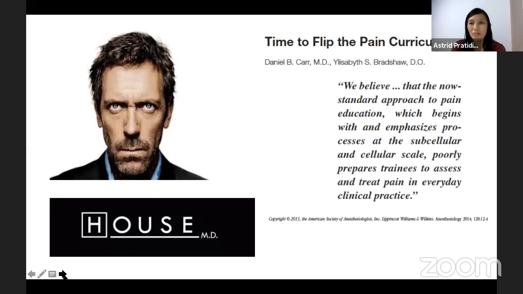Perhaps you have watched this film, House MD. Dr. House is one of my favorite characters. He's a very bright doctor, very good in diagnostic skills, but he has chronic pain in his legs. And if you are familiar with the character, he is a miserable person.